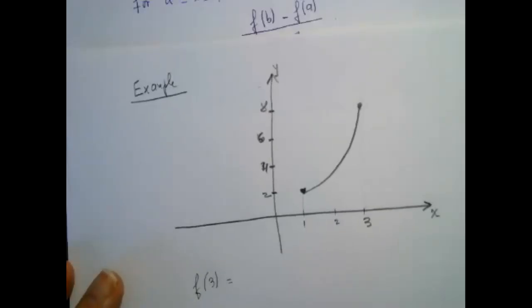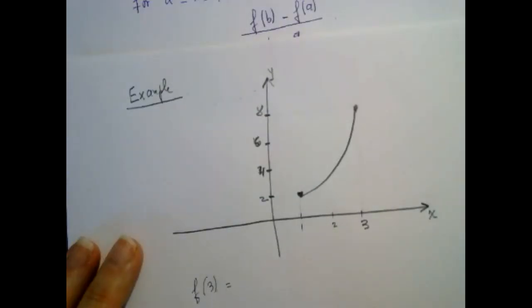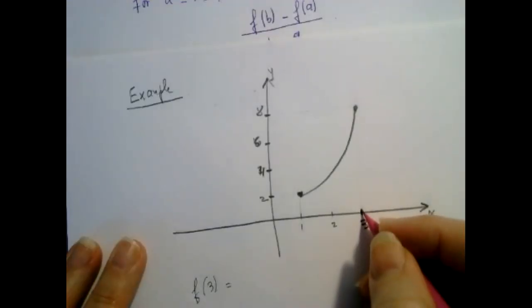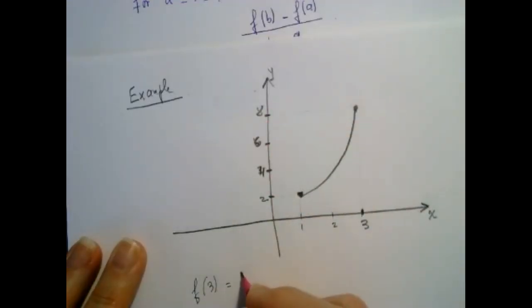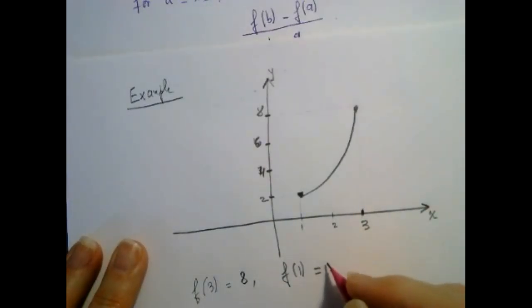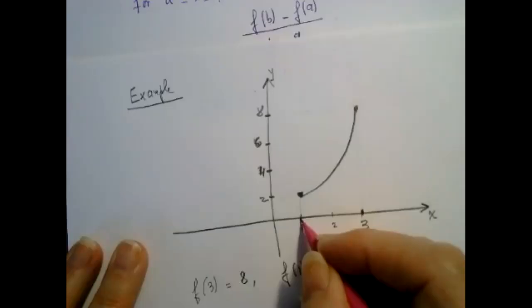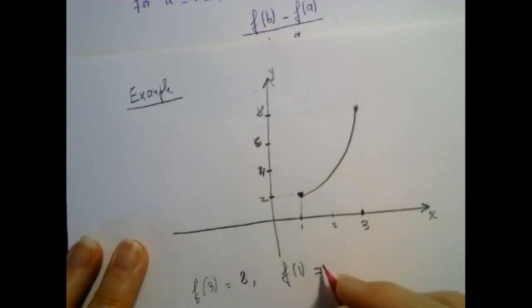Quickly. 8. Very good. Now, what is f of 1 in my problem? This is 1. You go up 2 when you hit the graph. 2.